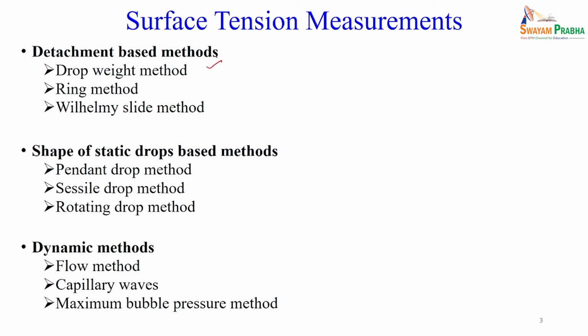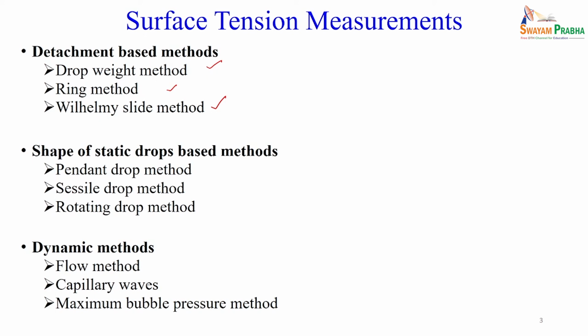We are going to exactly monitor the weight of a drop. Then the ring method, in which we bring a ring into contact with the surface of a liquid, then pull out the ring and determine the surface tension. In the Wilhelmy slide method, apart from a ring we are going to have a plate.